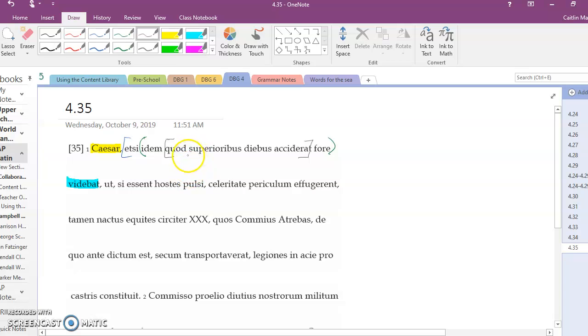It's a clause inside a clause inside of a clause. Relative, indirect, concessive. And we can see it. Caesar, although he videbated that the same thing which on superioribus diebus acciderat had happened, fore would happen.